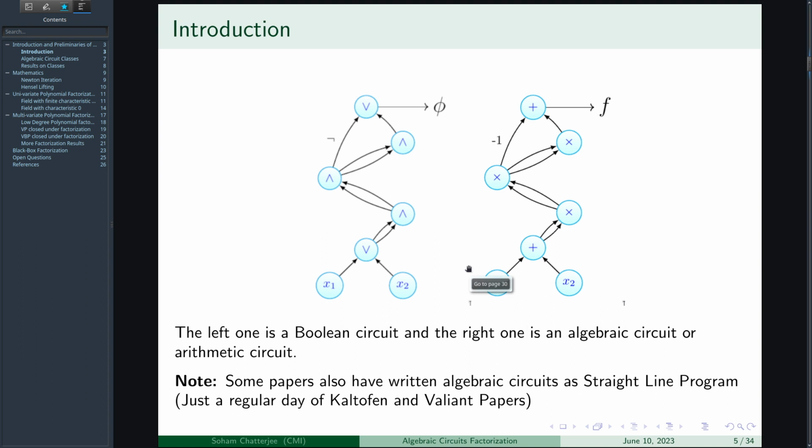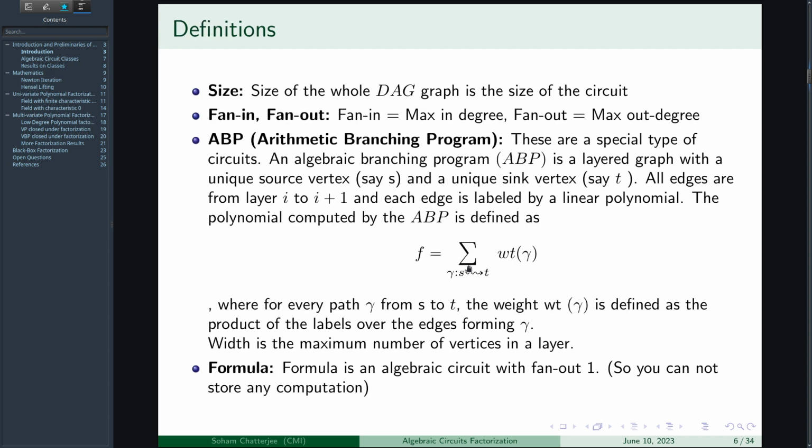Another note: in old papers on algebraic circuits, they used the term straight line program. Since it was old, they didn't have any particular name for this model, so they just used straight line program. Mainly Kaltofen and Valiant's papers use this term.